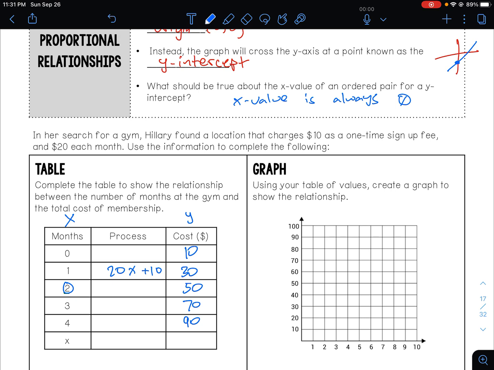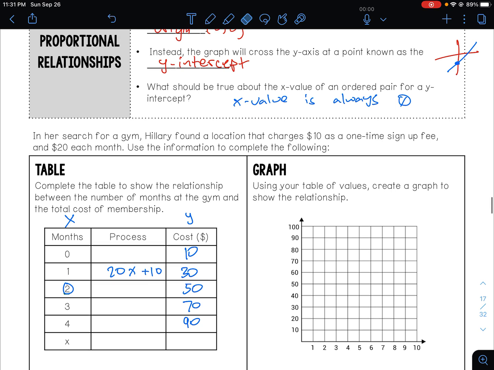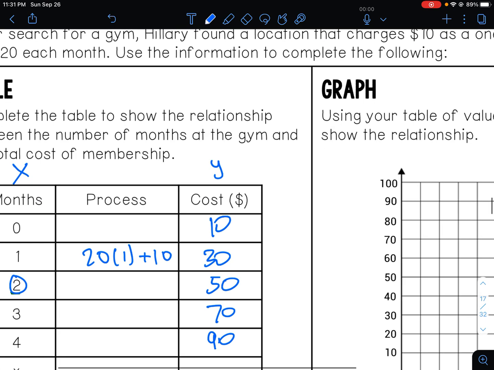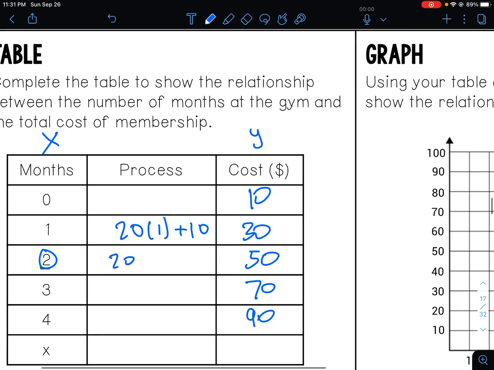So let's see if that's true. Oops, sorry, that's not 20 times 2. It's 20 times 1. This over here would be 20 times 2, which equals 40, plus 10, 50. 20 times 3, which is 60, plus 10, which gives us 70.